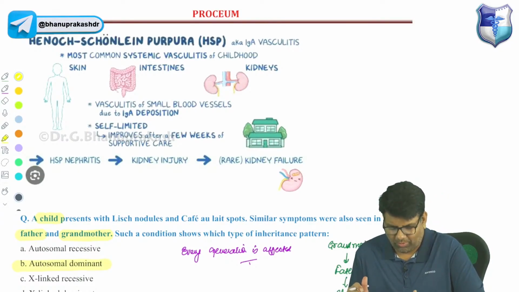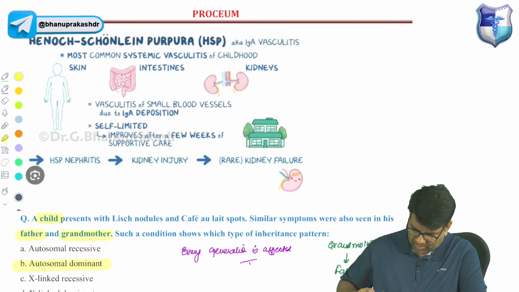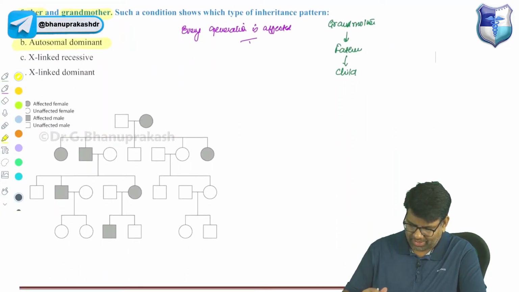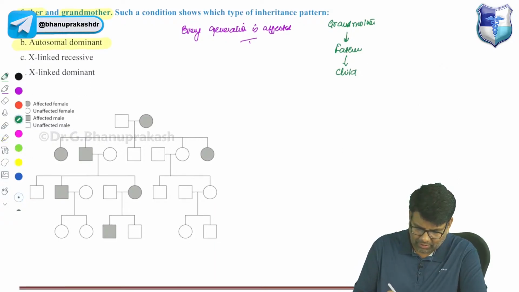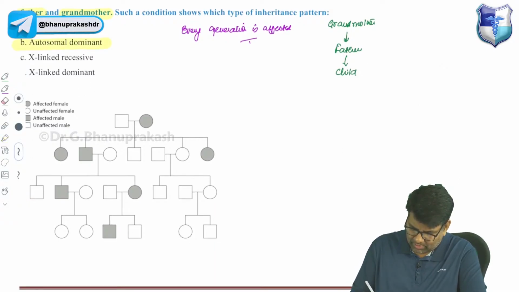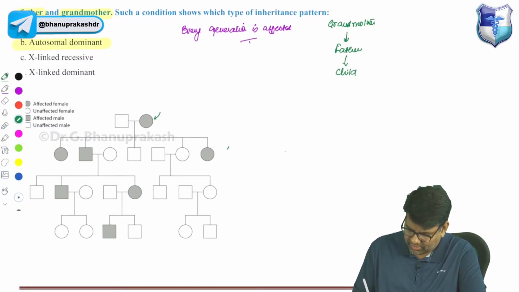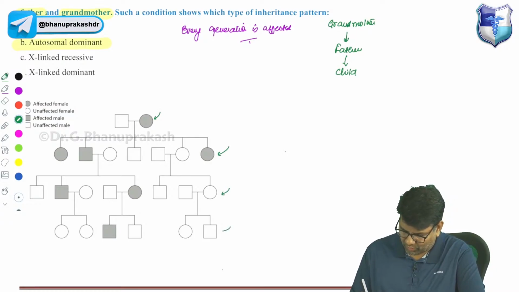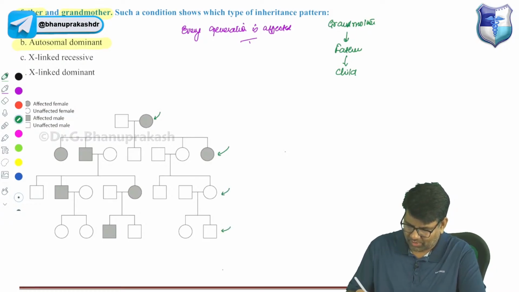I think autosomal dominant is the easiest one to identify. If you have a pedigree like this, in which you can see in this generation one person is affected, in the next generation 3 persons are affected, then in the third generation 2 persons are affected, and in the fourth generation 1 person is affected.